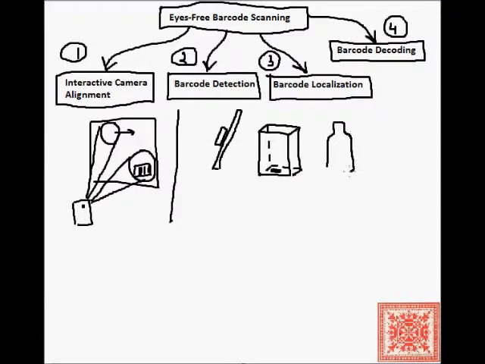On the sides of cans and bottles. If it is a bottle, then the user can align the bottom edge of the phone with the bottom edge of the bottle. If the product is a can, then the user can align either the top or the bottom edge of the phone with the corresponding edge of the can, and the barcode will typically be somewhere toward the lower end of the can.